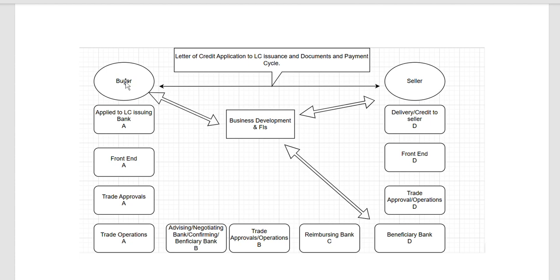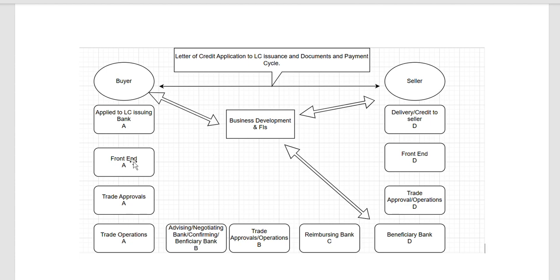Normally, when everything has been decided, the buyer will get the LC application from the issuing bank. Based on the terms and conditions written in the LC application, the front end department of the bank will verify the signature and the correctness of the LC application, whether all the details are mentioned.